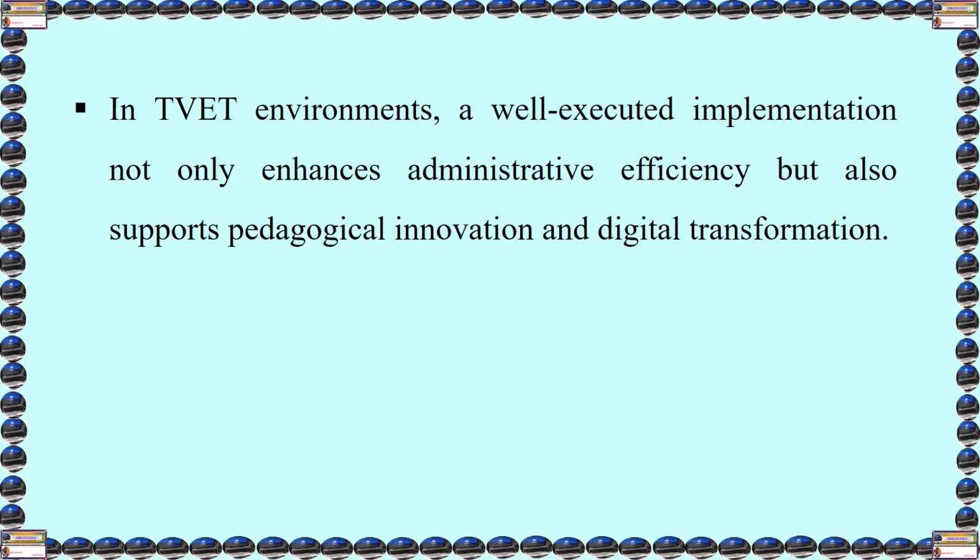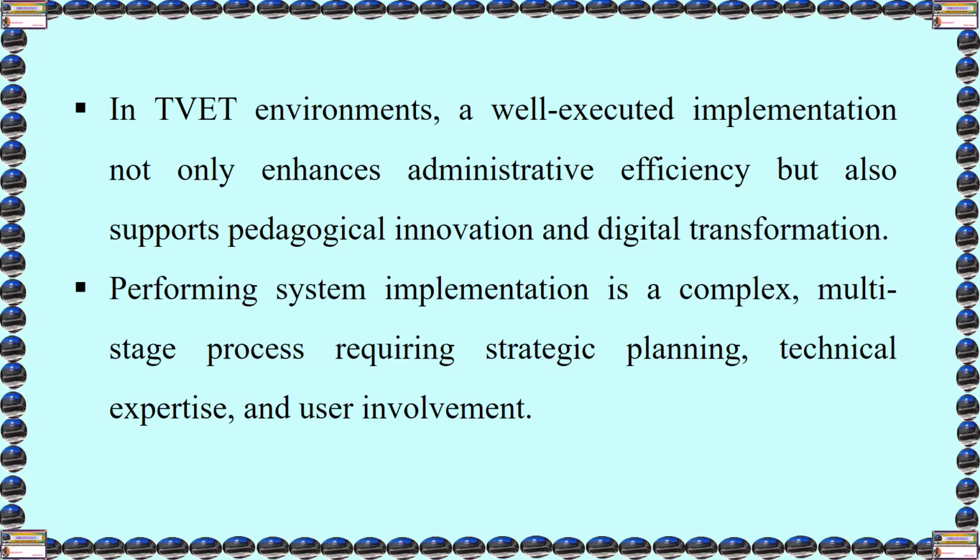In such environments, for example, a well-executed implementation not only enhances administrative efficiency, but also supports pedagogical innovation and digital transformation. Performing system implementation is therefore a complex, multi-stage process requiring strategic planning, technical expertise, and user involvement.